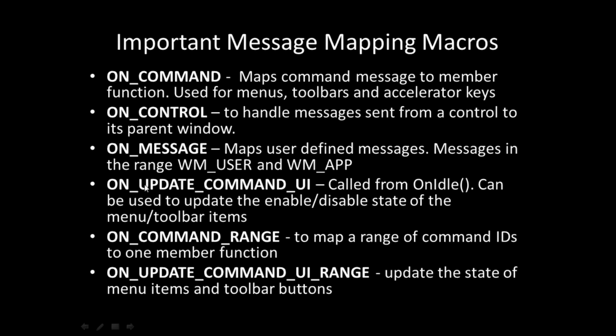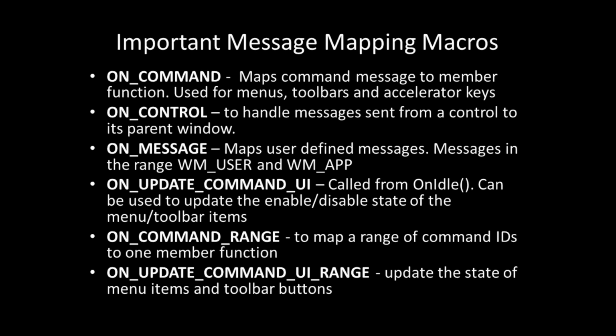So here this on command is linked with on update command UI, and on command range is linked with on update command UI range. So on command and on update command UI are for a single menu item, single menu or single toolbar button, whereas on command range and on update command UI range can be used for a range of IDs.